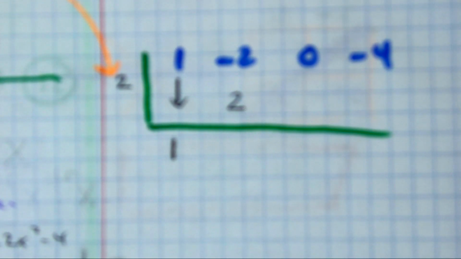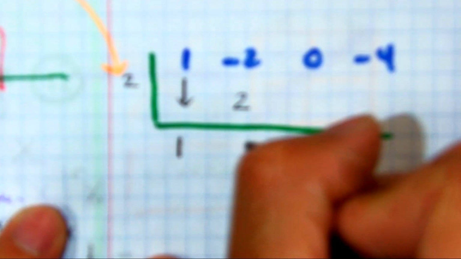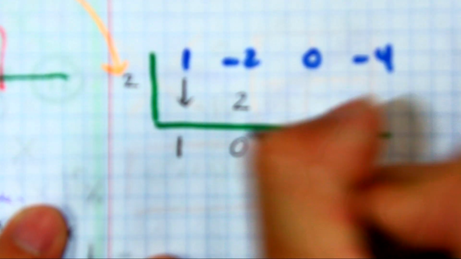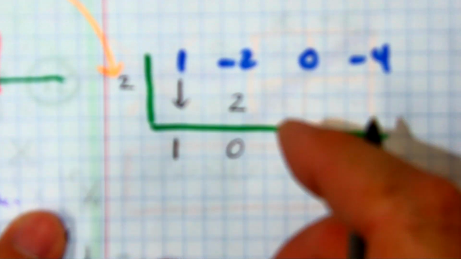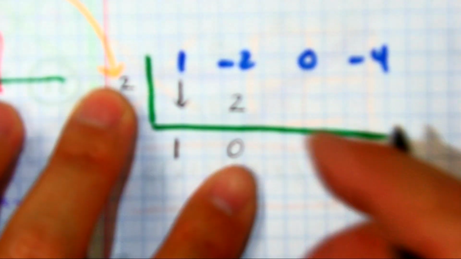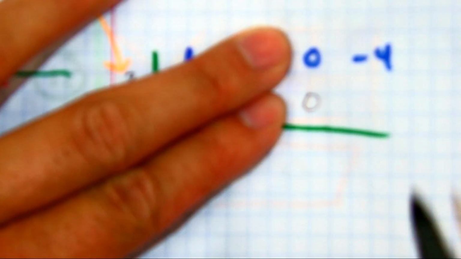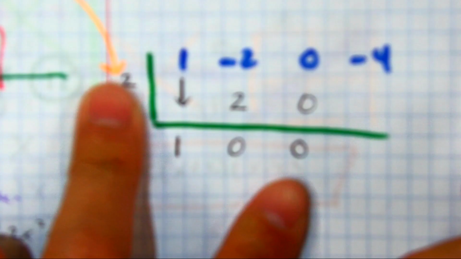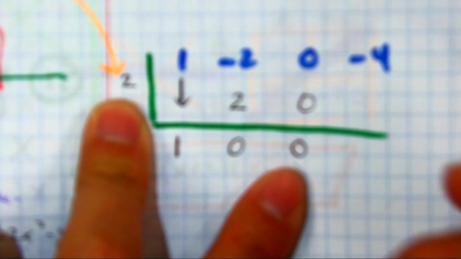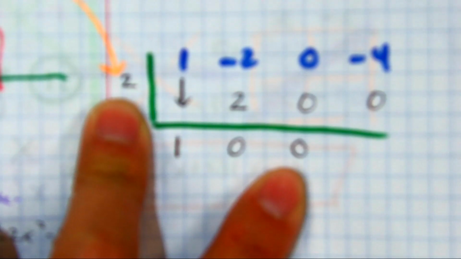What do you guys do next? Add down. -2 plus 2? And then what do you do? Repeat. So 2 times 0? Add down. Multiply. Add down.